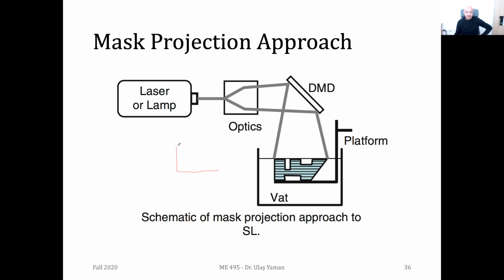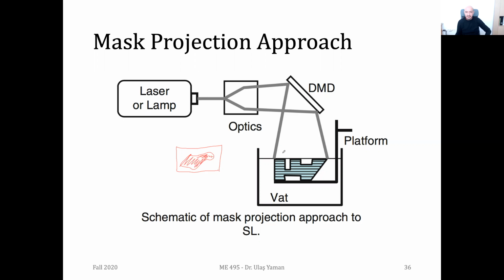Assume that this is our layer, and if you have a slice to be cured, a region to be cured, then what we are going to do is reflect this image with the help of digital mirrors onto this platform.